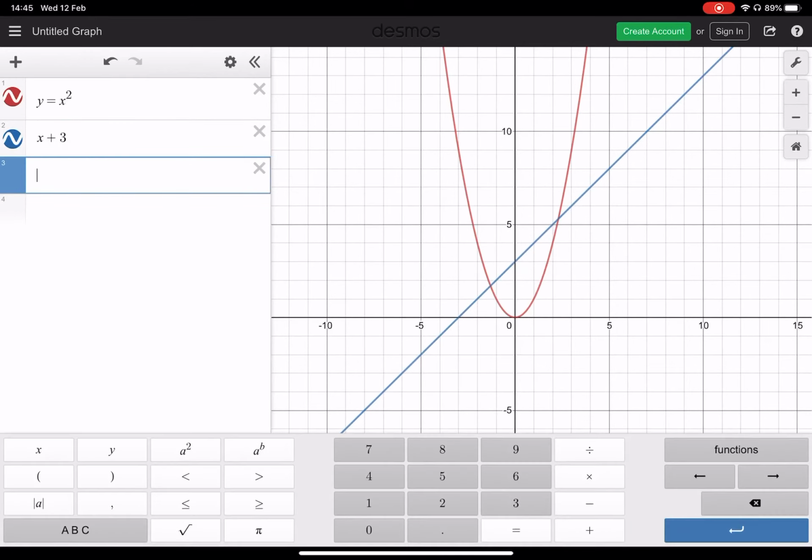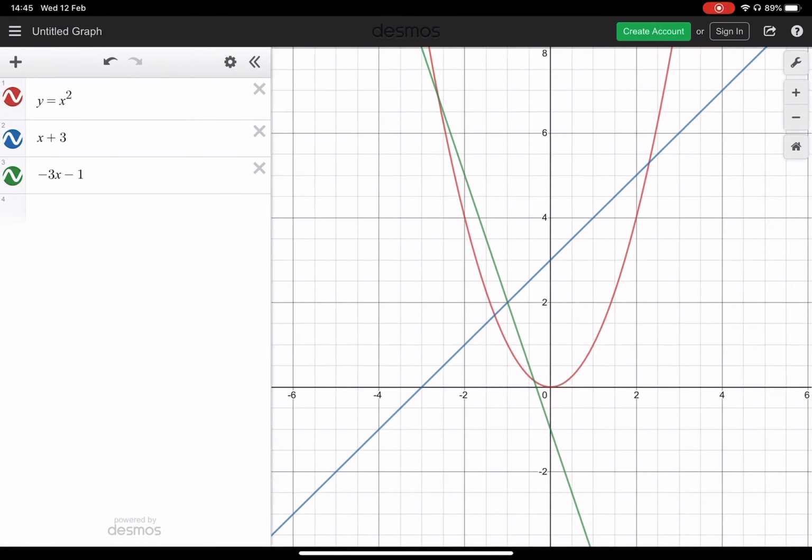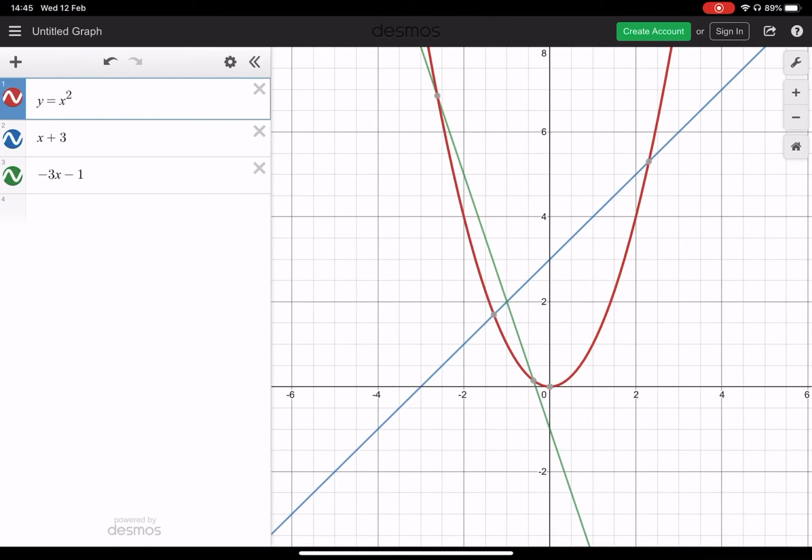Okay, we've got another graph which I just did, which was negative 3x minus 1. And if I zoom in a little bit, I can also see I've got a solution there, and I've got a solution there. So negative 0.3 and negative 2.6. Those are my two solutions for that one.